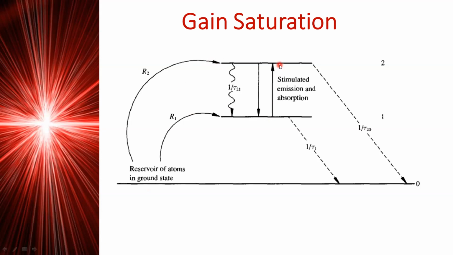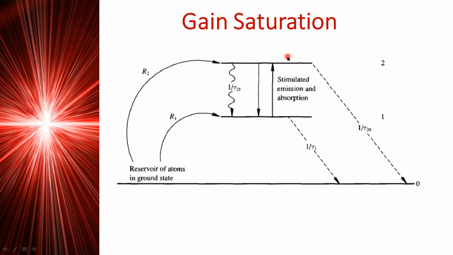But what decreases the number of electrons in level 2? The spontaneous emission from 2 to 1, which we call 1 over tau 2 1. The spontaneous emission from 2 to 0, which we can call 1 over tau 2 0, and the stimulated emission from 2 to 1. These are the three effects that decrease the population on the level E2.